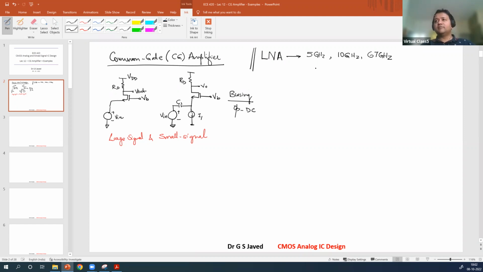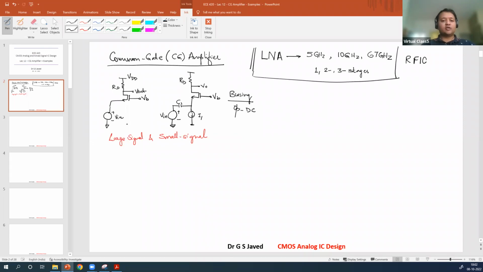It could be a single stage, or more than one stage. You will see these common gate amplifiers being used for their application. So this is going to be an important feature if you're interested in RFIC design, where you will be working.